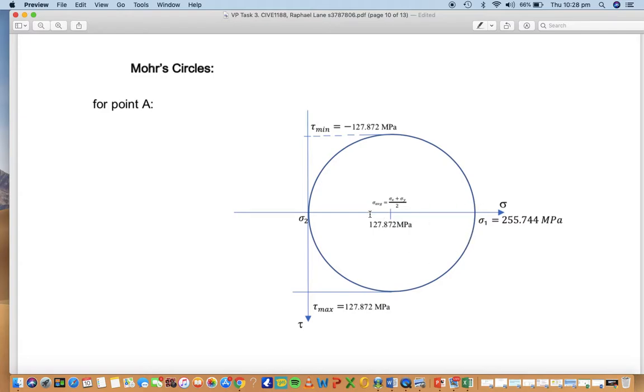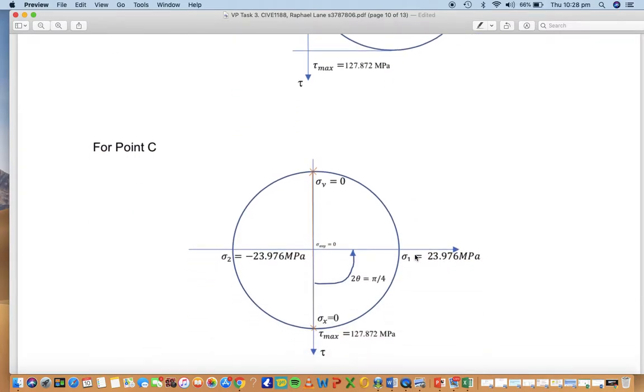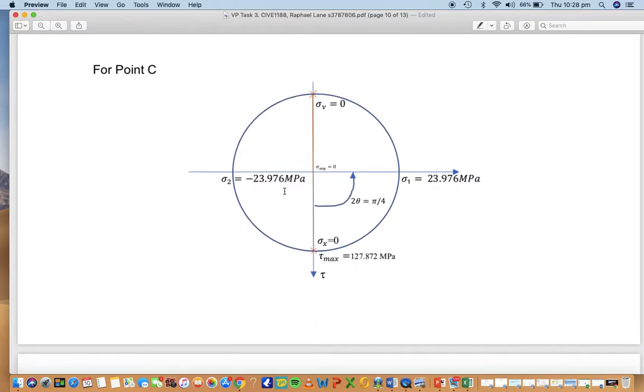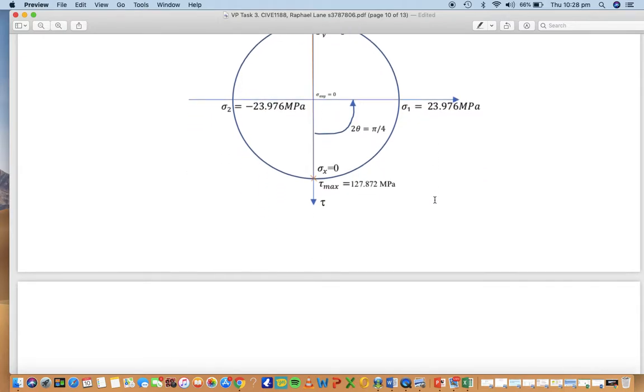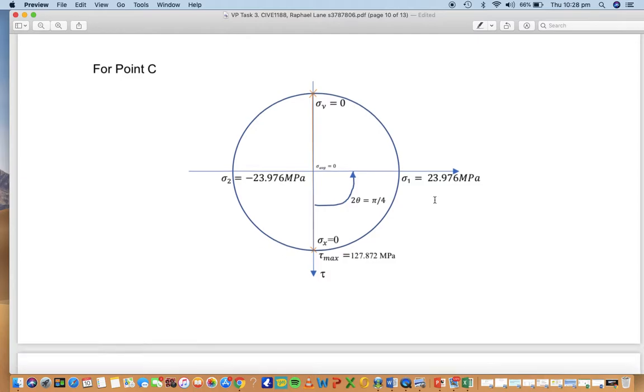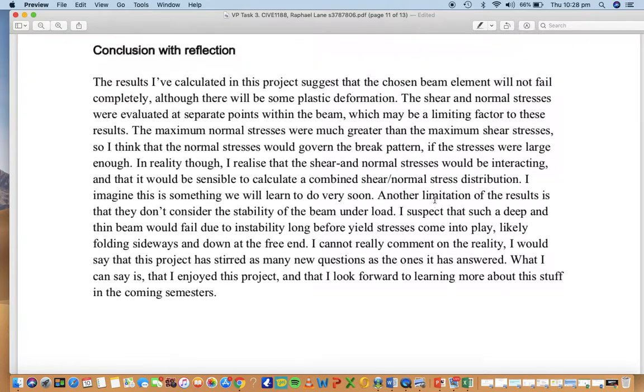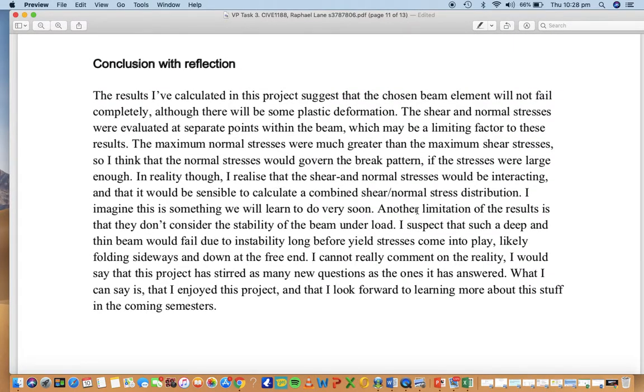It's very clear from here what's happening with the principal stresses, then rotating 2 times theta to the 90 degrees, which is 45 degrees for theta, you get the tau max and tau min, and the same thing for point C. It's visually makes the information much easier to understand.